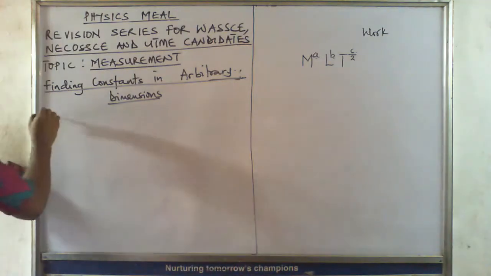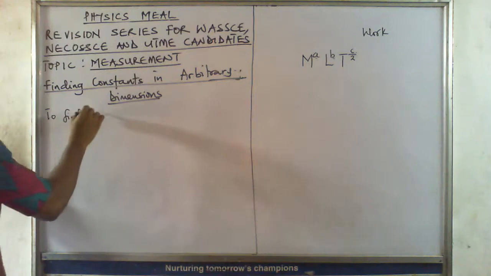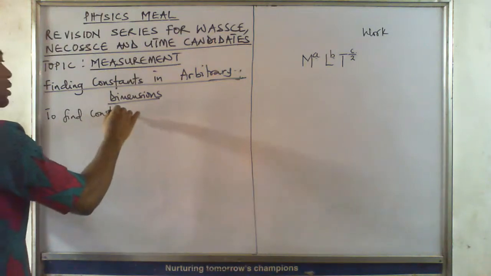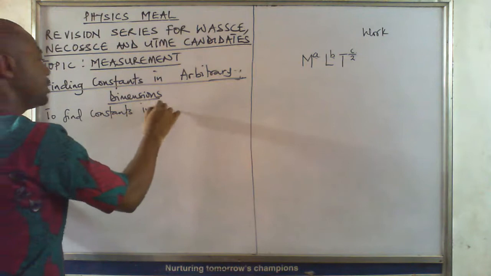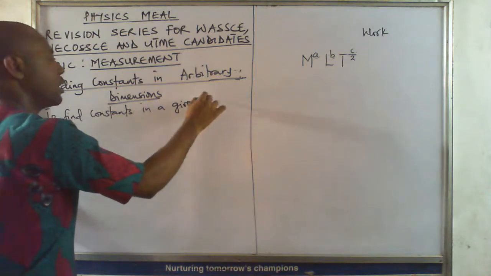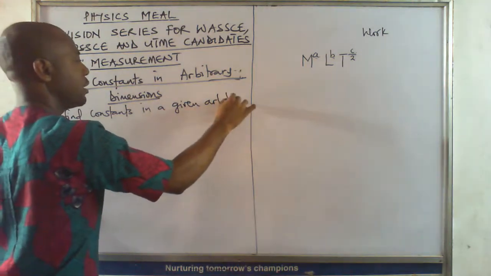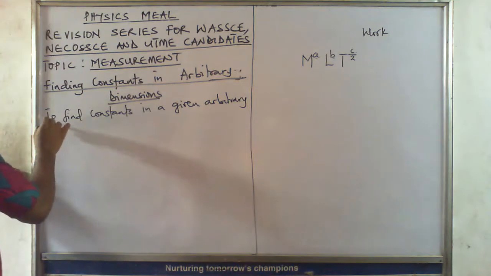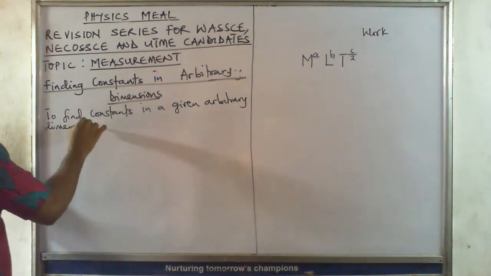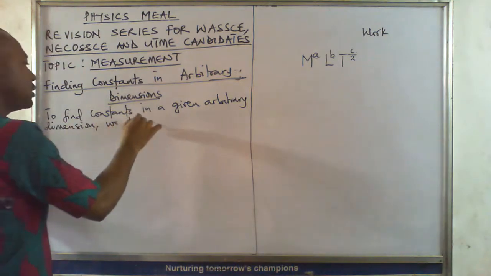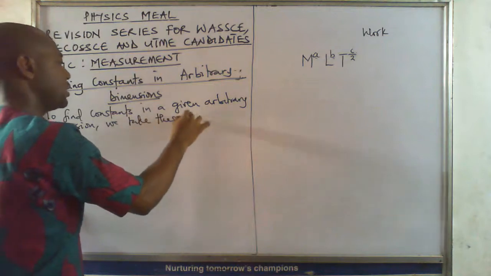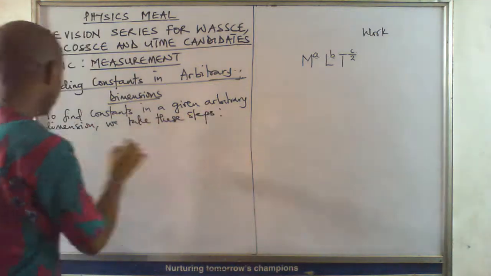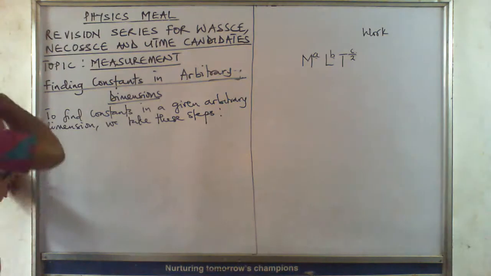How are we going to do that? So we say to find constants in a given arbitrary dimension, we take these steps. What are the steps? 1.